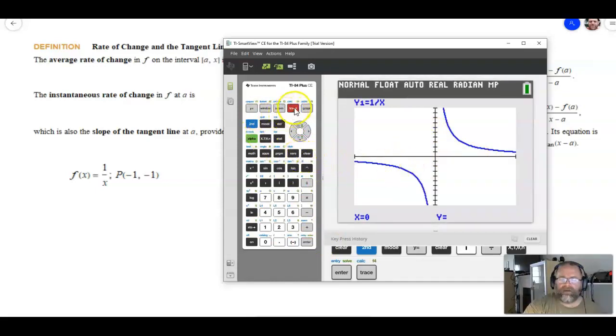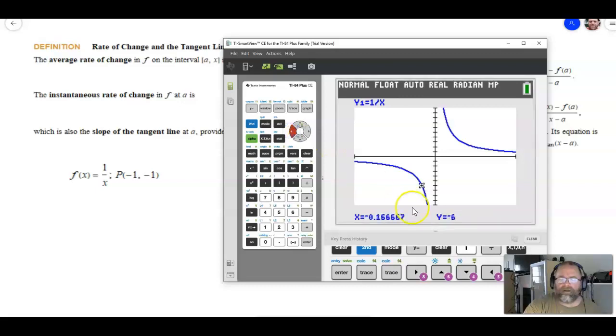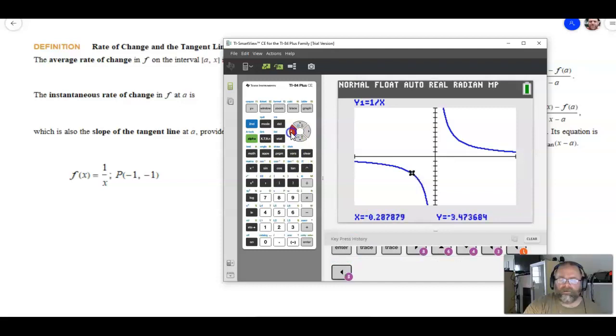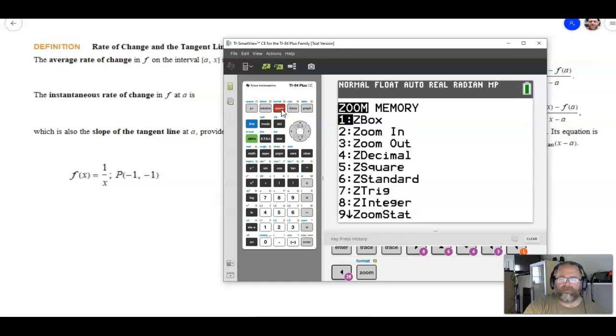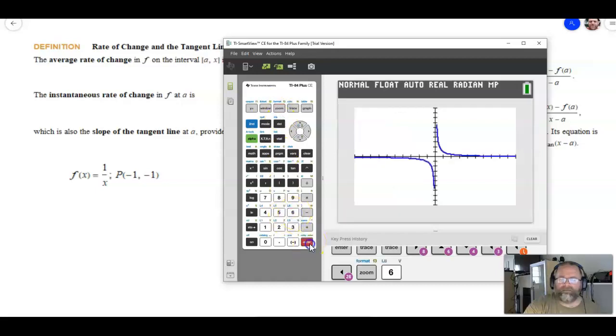And if I hit the trace button, make sure I'm on the right one. Moving over from? Let me try this way. There we go. All right. And if I get this x close to -1 there, oh, I'm still using my window from before. Let me go back to zoom, and we'll do a standard zoom.